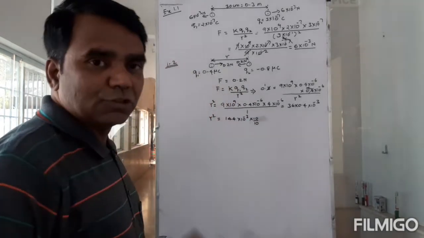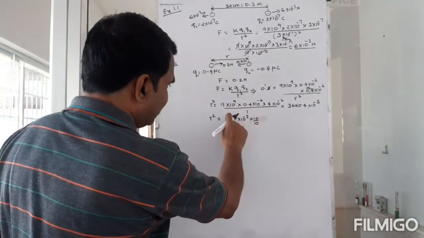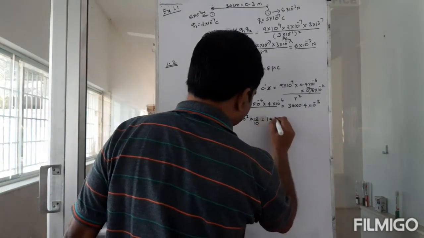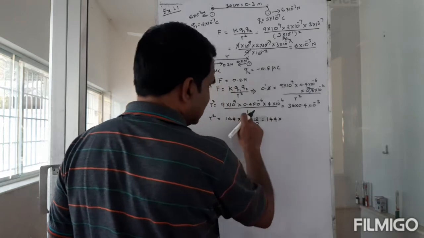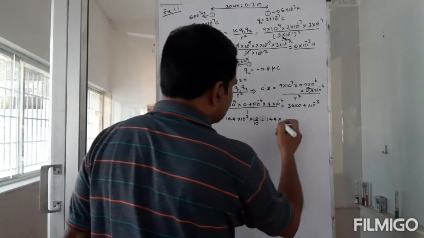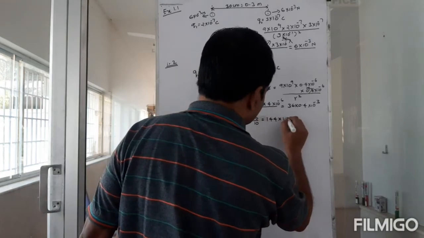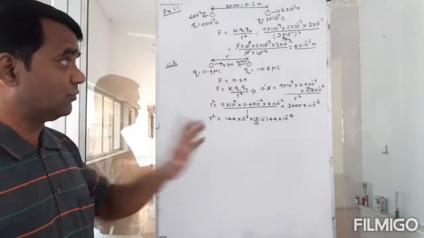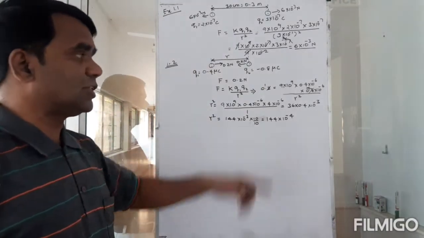Okay? So the value will not change. But multiplying 14.4 with 10 gives me 144 into, this is 10 power minus 3, this is 10 power minus 1. So you're going to have 10 power minus 4. Right? Okay. Wonderful. So this is what you get now. So that is your r squared in meter squared.